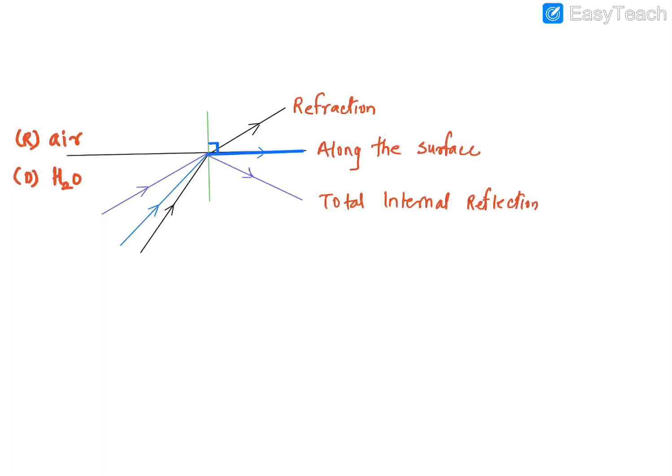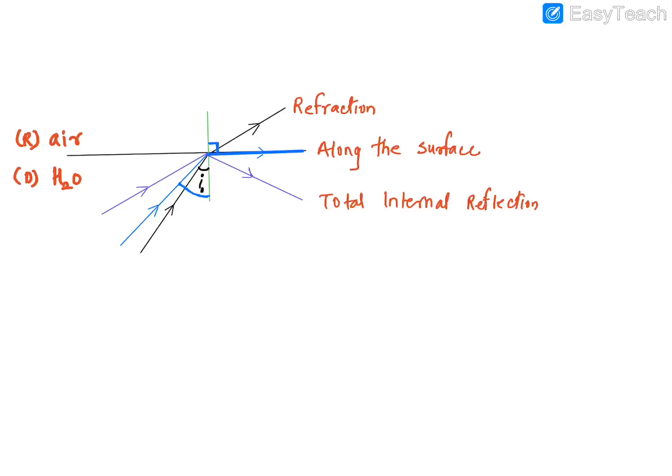Let's discuss first, when will the light ray go along the surface? There is one particular angle of incidence. First, let's say this was your original, the first angle of incidence, I will name it as I1. Then you increase the angle of incidence further. What did you find? That the light ray was going along the surface.